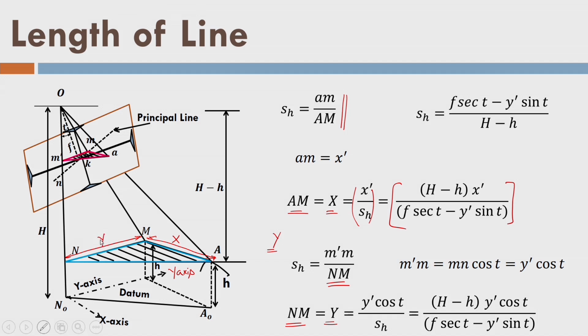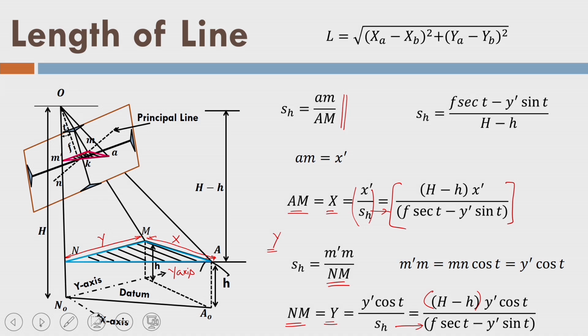So, that is the y distance I am measuring along the y axis and so it is y dash cos t divided by SH and then I can write the values of SH and here H minus. So, I am putting the value of scale only. Because of the inversion it is coming this one and the scale is the same, this is scale SH. I am putting it here also.